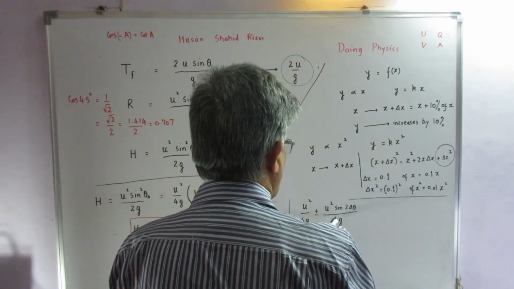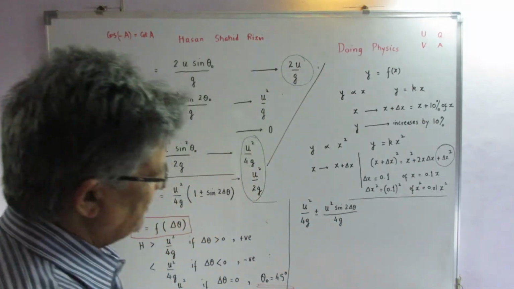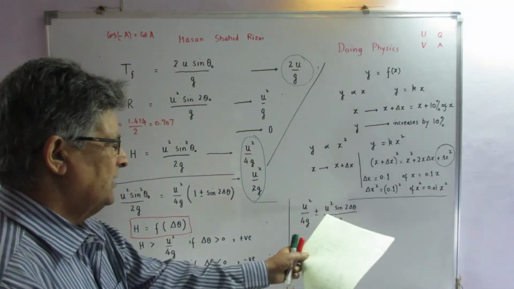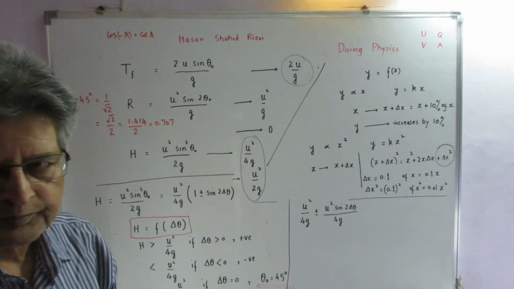But this factor is all constant. The only variation taking place is in the value of sine of 2 delta theta.